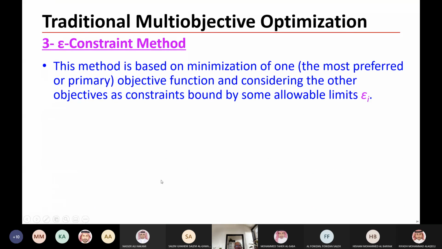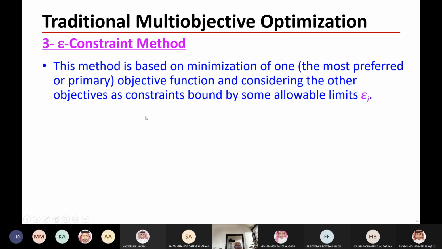The third and last one that we'll discuss here in terms of traditional multi-objective optimization is the epsilon constraint method. The epsilon constraint method simply considers one objective at a time, and when you consider one objective, you add the other objectives as constraints.